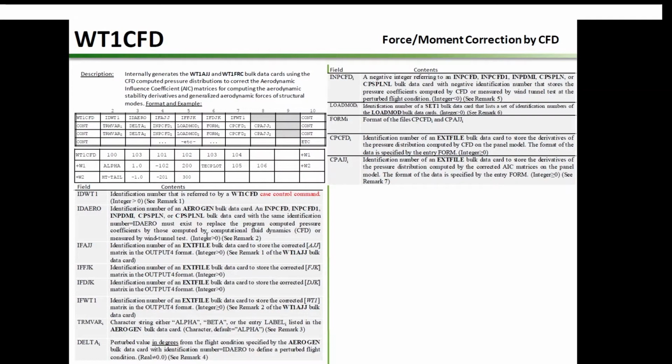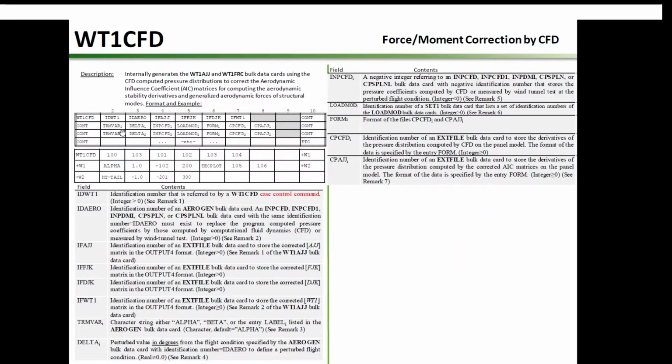Okay, the next one, we have IFAJJ. We can store the corrected AJJ matrix, the corrected FJK matrix, and the corrected DJK matrix. Also, we can store the WT1 matrix.